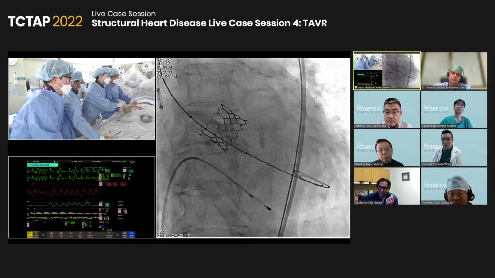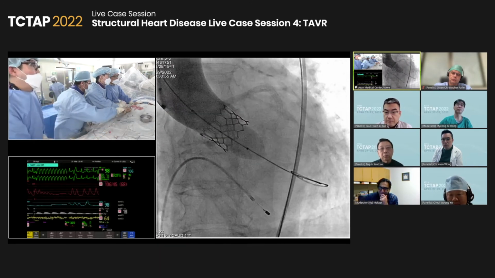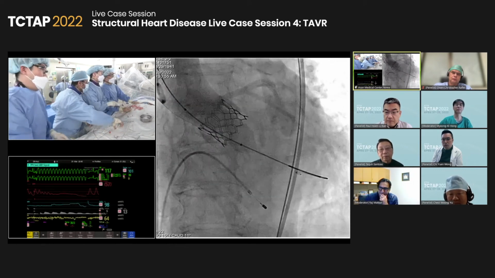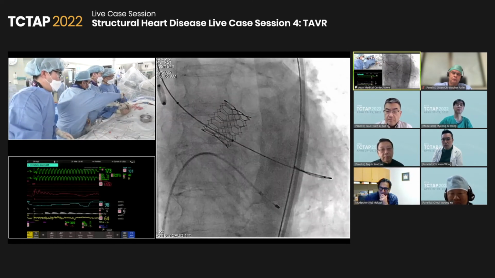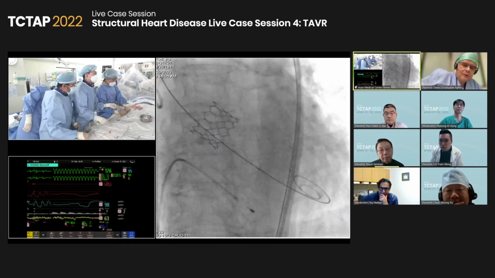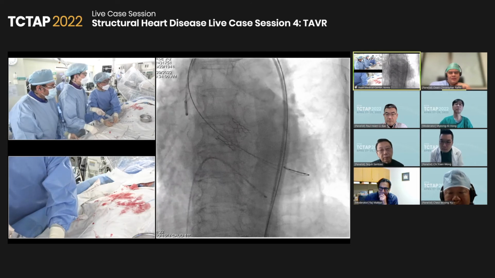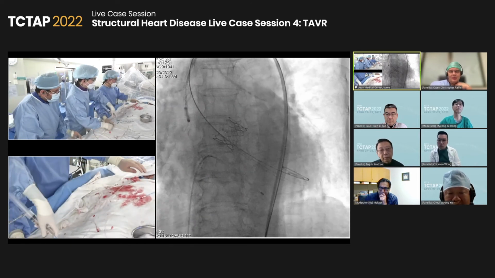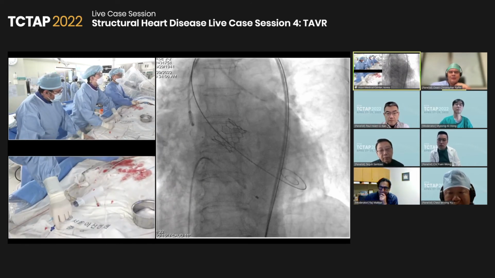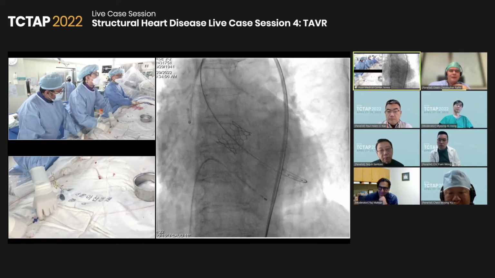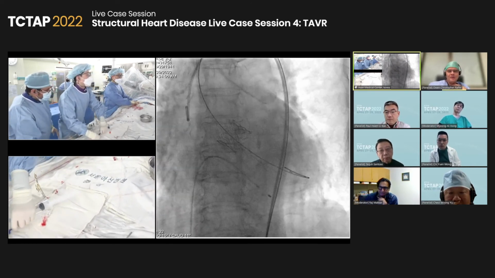Okay, and then we're going to put the system. I agree with you, Raj. That's been our concern as well in pre-dilating these bioprosthetics. And often you can post-dilate once your valve-in-valve goes in, which is probably safer from the embolic aspect of it.